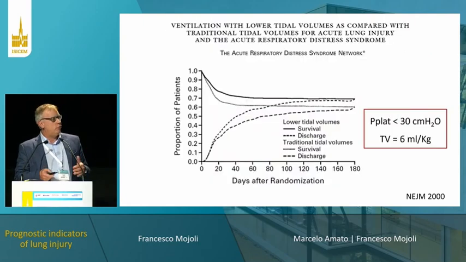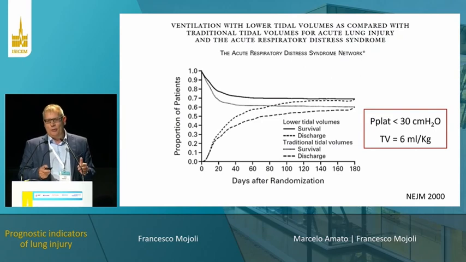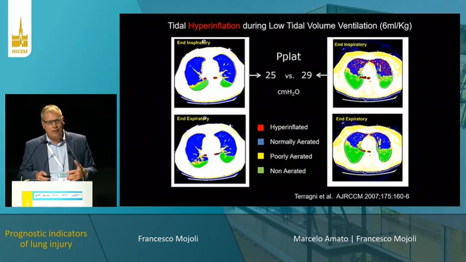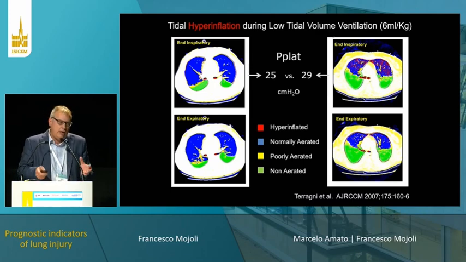Since more than 20 years, we know that to decrease the stress is a good idea: not to set a very high tidal volume and to limit inspiratory alveolar pressure below a threshold value. And later on, we also understood that it's even better if we personalize the tidal volume according to the size of the lung that is available for ventilation, that is the size of the so-called baby lung.